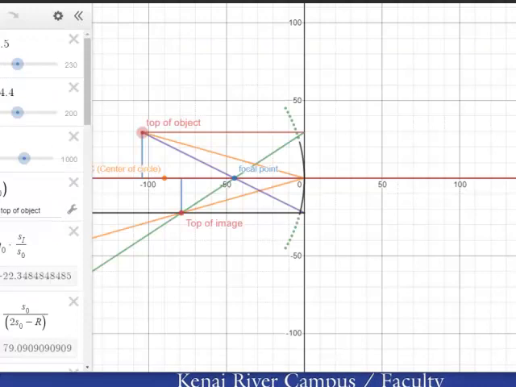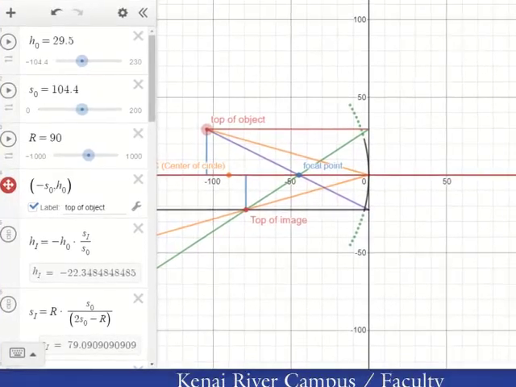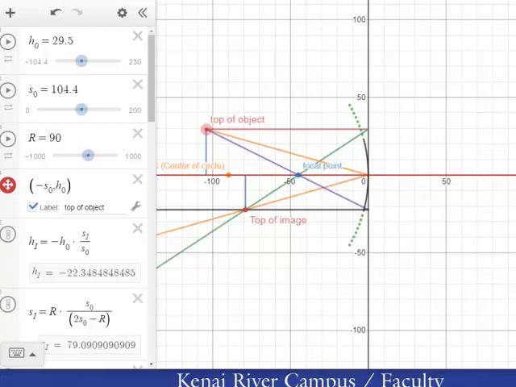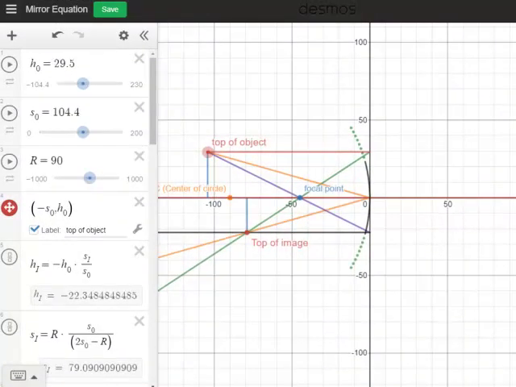All right, this person here also put a lot of work into this. So this is on Desmos. And so here again, we also can change the focal point. Okay, actually not.